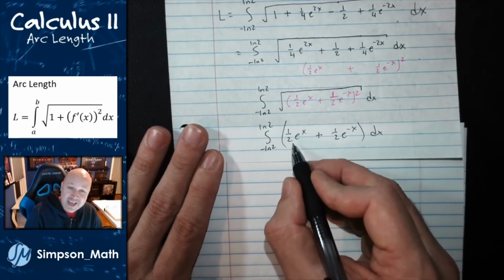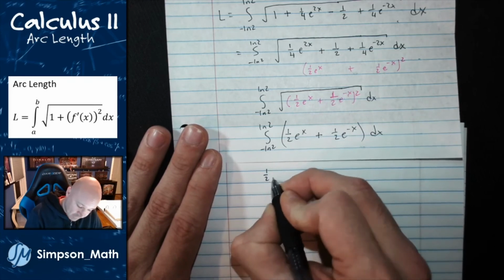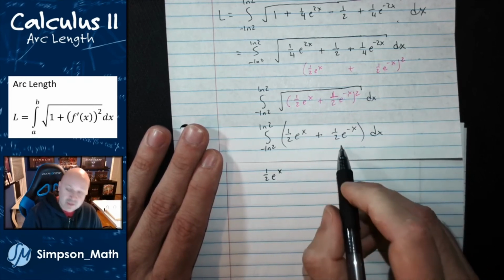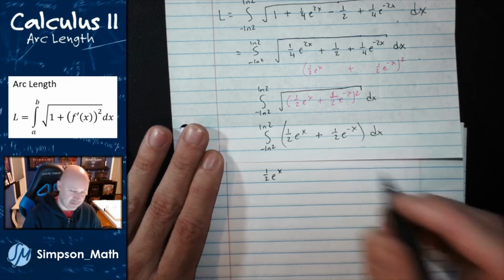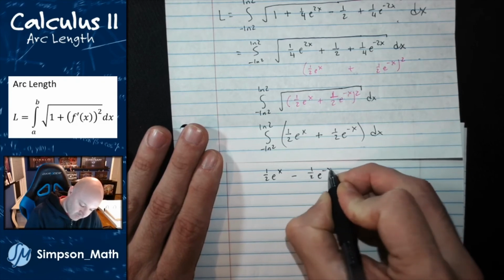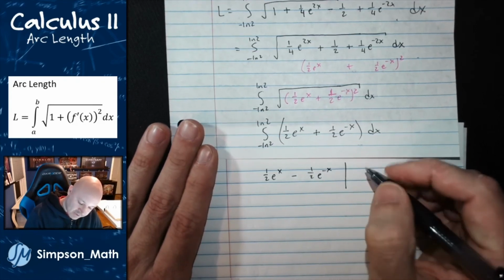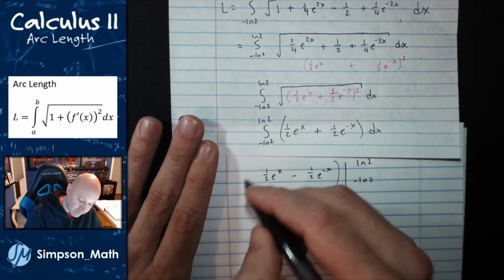The integral of e to the x is simply e to the x. The integral of 1/2 e to the negative x is simply a negative 1/2 e to the negative x. Integrate that thing from negative ln2 to positive ln2.